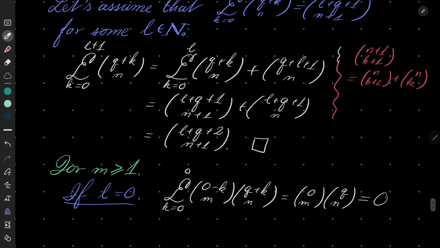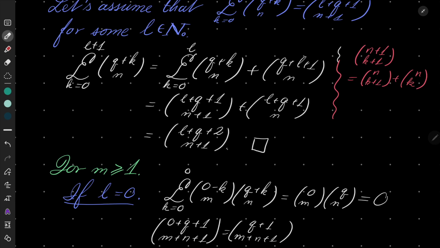Okay, and on the right hand side, we have L plus q plus 1 choose m plus n plus 1, with L equals 0, so we have q plus 1 choose m plus n plus 1.